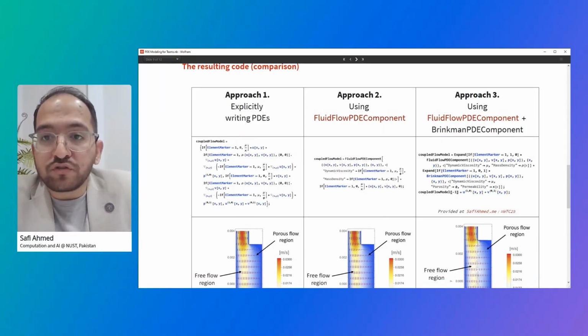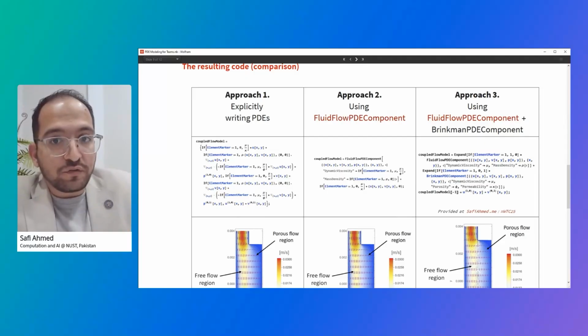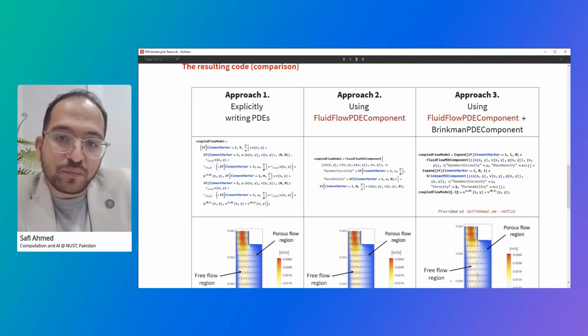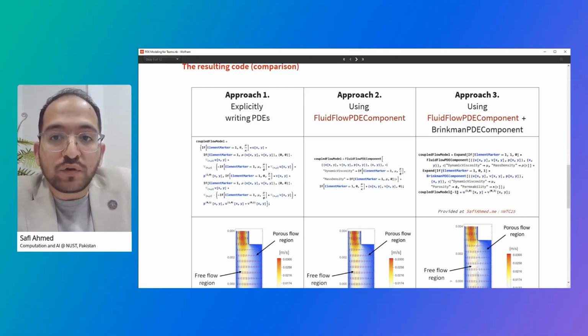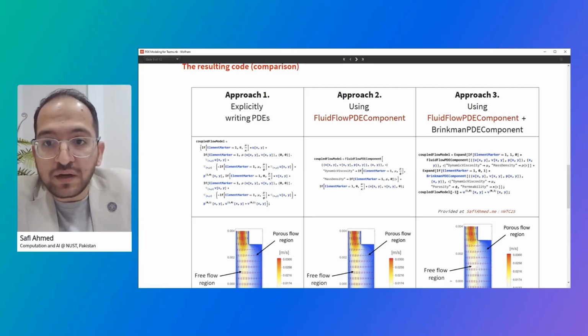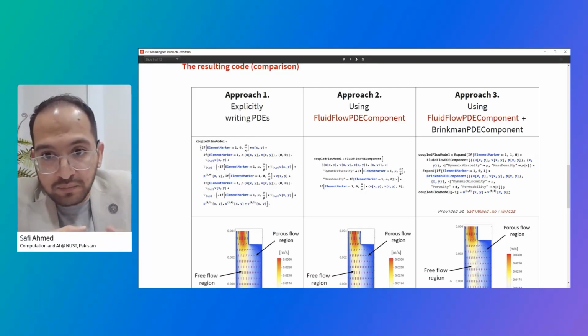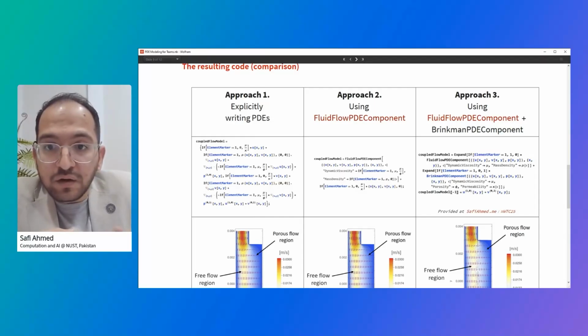And now in approach three, we used the fluid flow PDE component, which was the built-in component within the Wolfram language, and then we also included our Brinkman PDE component, which we custom wrote. And you note here that, yes, when going from just the fluid flow PDE component to this new code, the code length became a little bigger.